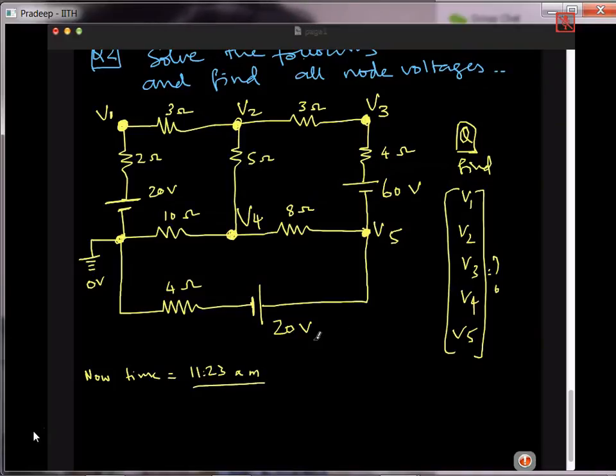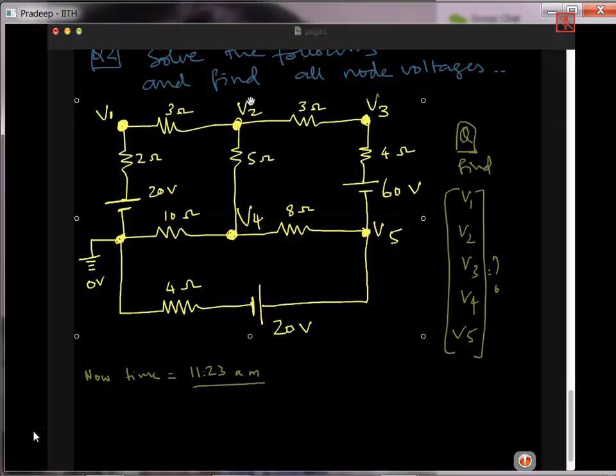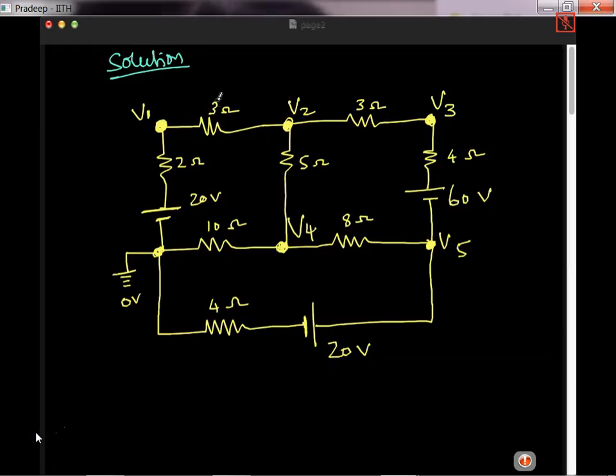So let's see what the procedure is. First thing is to convert all the resistances into admittances. So I'm just copying this circuit. I convert this into 1 by 3, so into admittance. What is 1 by 3?